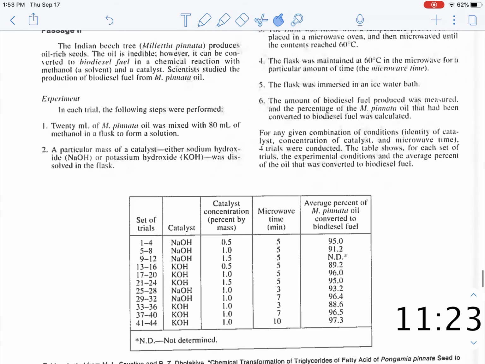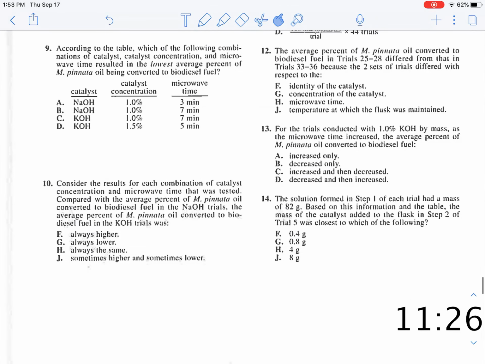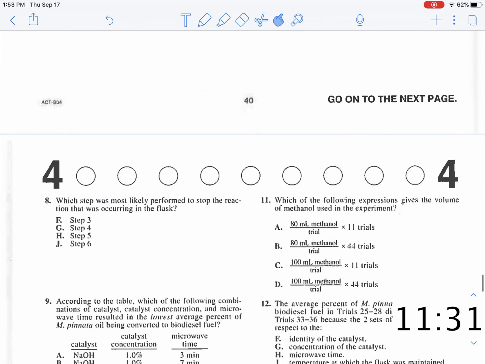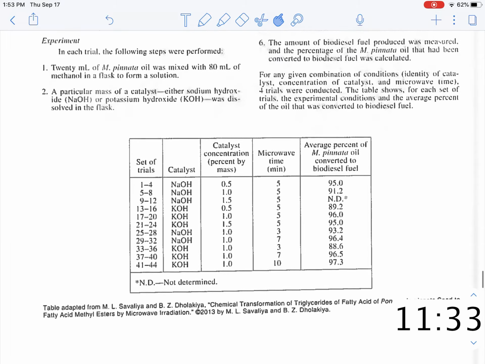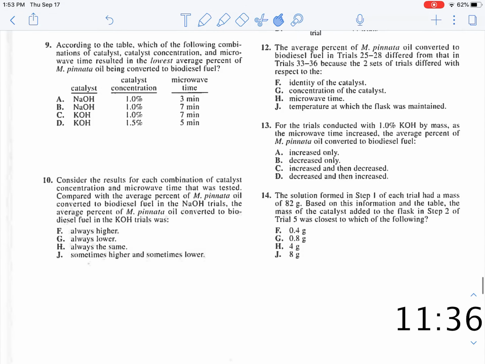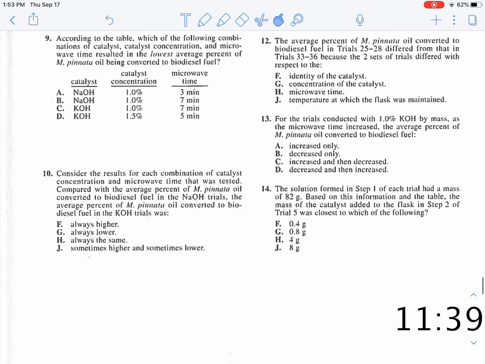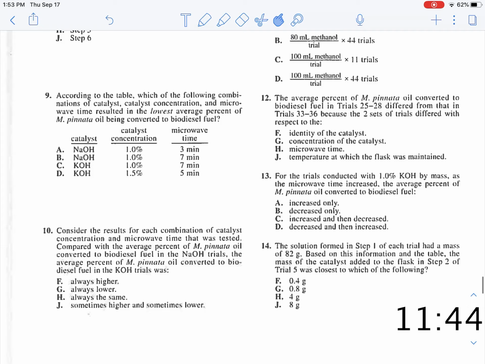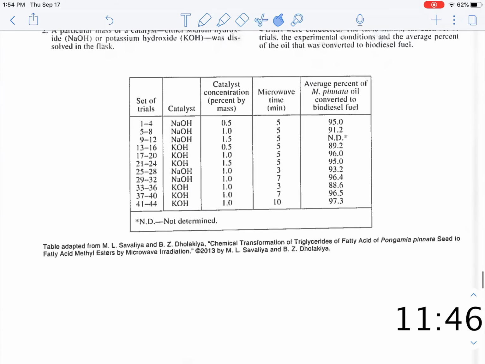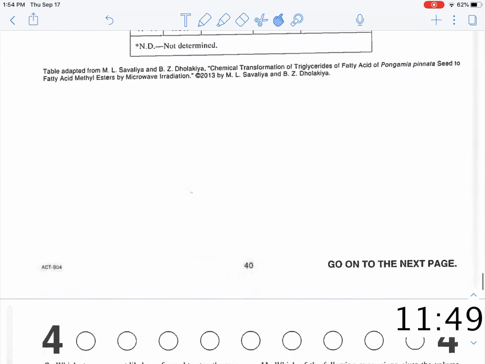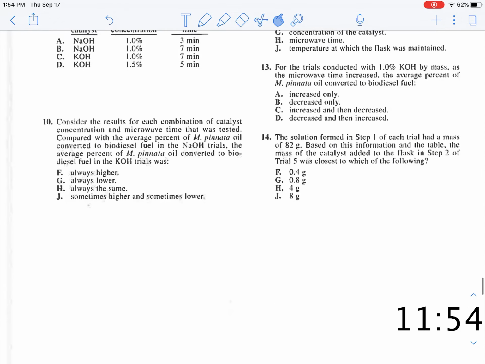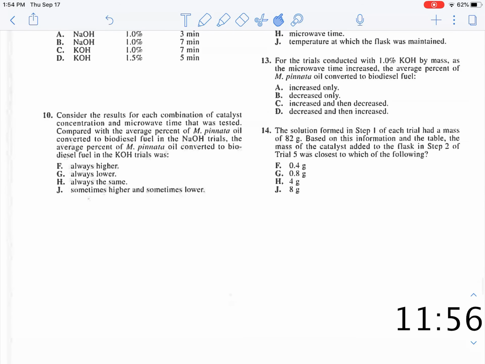Okay, what? Solution formed in step 1 of each trial had a mass of... How? You said there's... Oh, okay. Gosh. Oh. The mass of the catalyst added to the flask in step 2. Trial 5 is 1% by mass. So I'm just going to take 1% of that, right? Which is G. That's probably completely wrong.